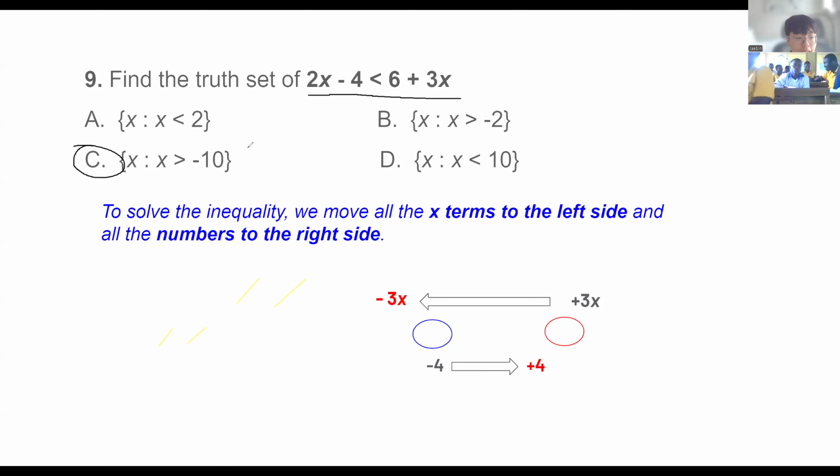Great job. That was really quick. To solve the inequality, we move all the x terms to one side and all the numbers to the other side. It doesn't have to be left or right. You just have to solve for x.